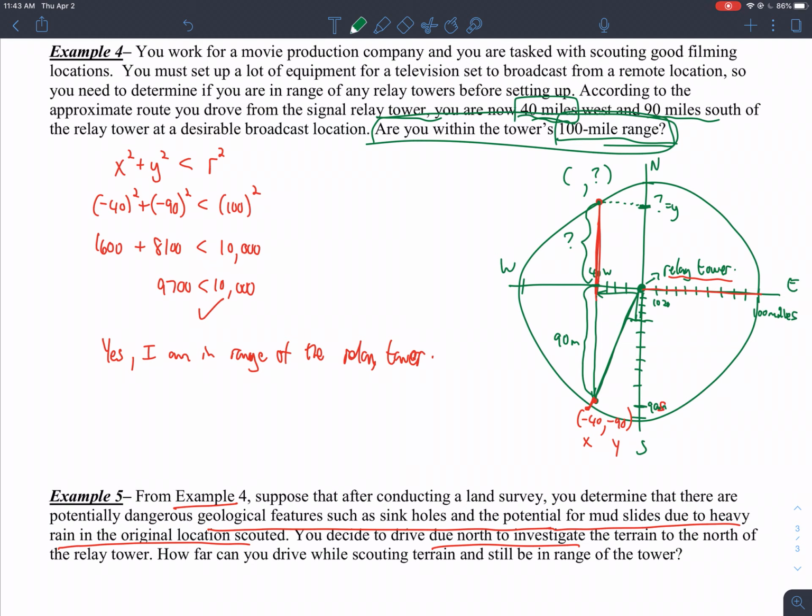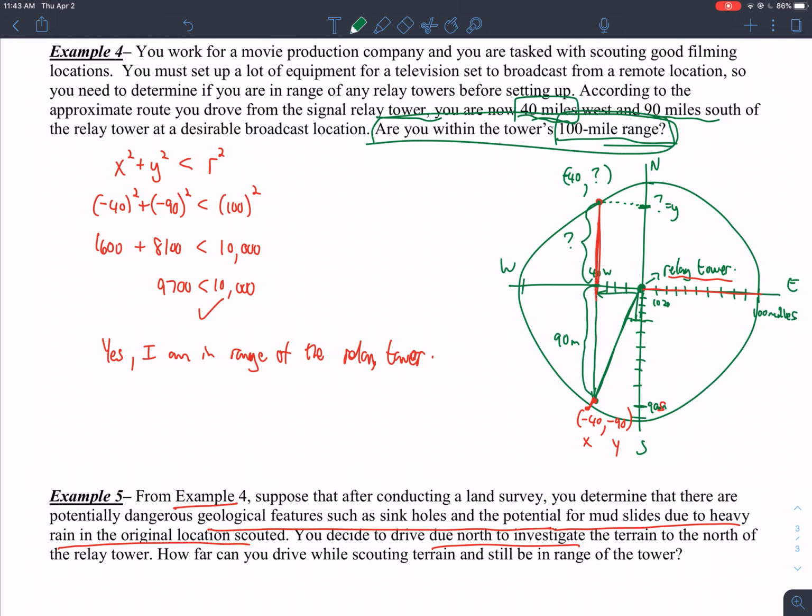And I have the x-coordinate. If I drove 40 to the west, which is negative 40 in the coordinate plane, and went down to negative 90, or 90 miles south, and then just drive due north, I'm not going west or east, I'm just driving straight up. It means my x-coordinate is still negative 40.